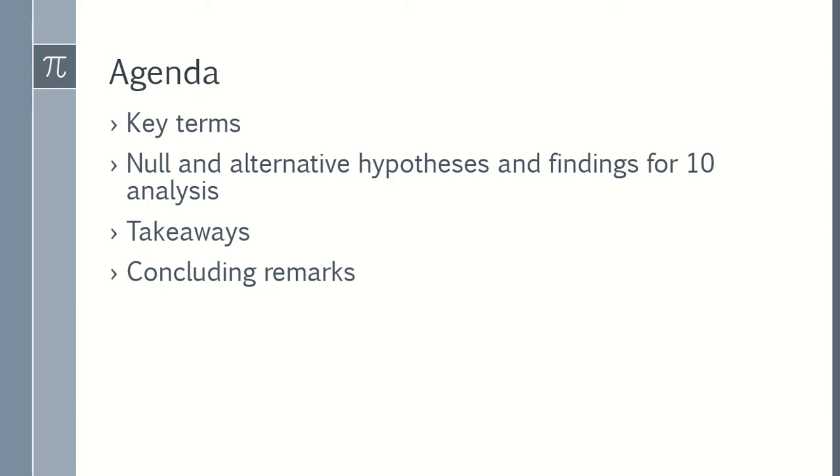We'll then look at the correlation testing between different variables. I will then present the null and alternative hypothesis and the findings under each analysis. We'll then look at some key takeaways before concluding the presentation and opening the floor to questions.